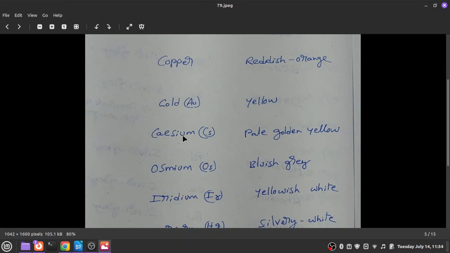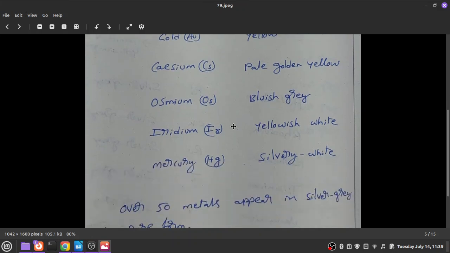All 3 metals appear as yellow, and copper is appearing as reddish orange, osmium is blue. Only these two, copper and osmium, are exceptions. Remember that. Copper is appearing as reddish orange and osmium is appearing as bluish gray. Mercury is also silver white or silver gray color.